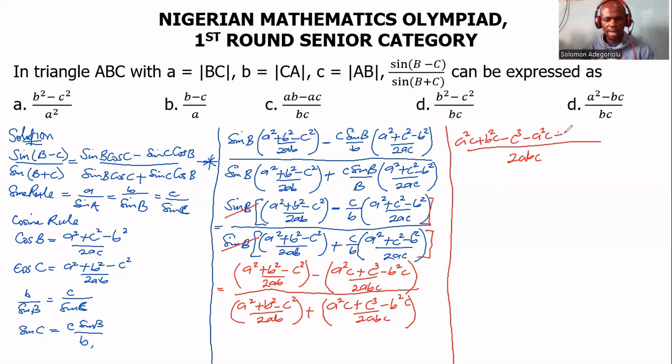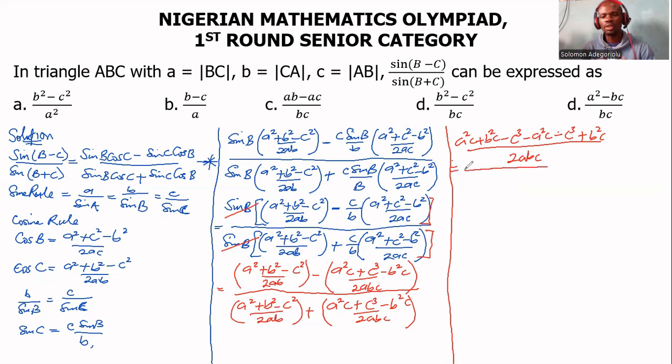Then minus, because minus times plus here gives minus C cubed. Then what is again? Plus, that's minus times minus, plus B square C. Okay, so this is for the numerator.